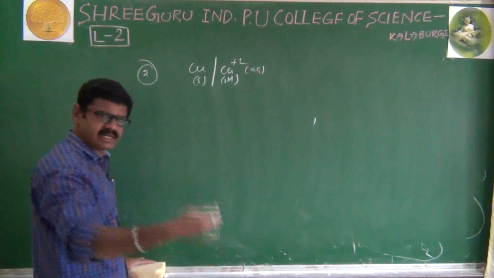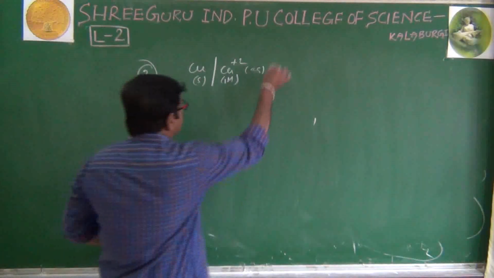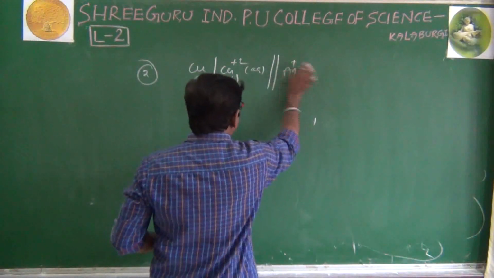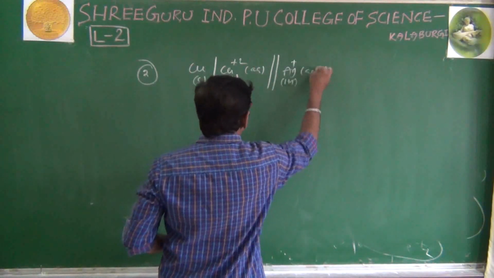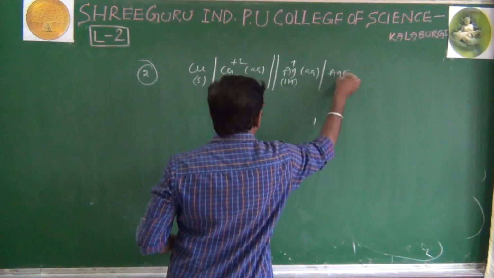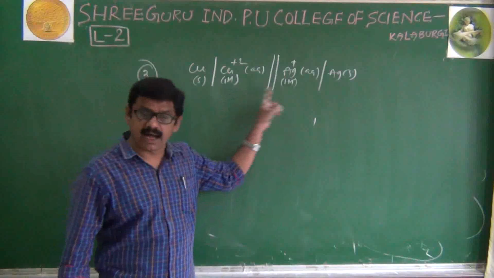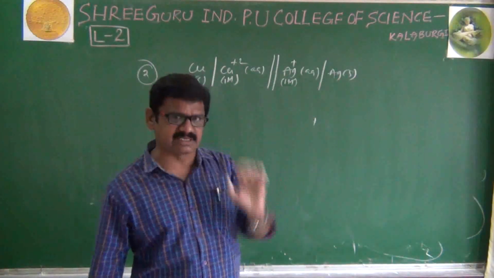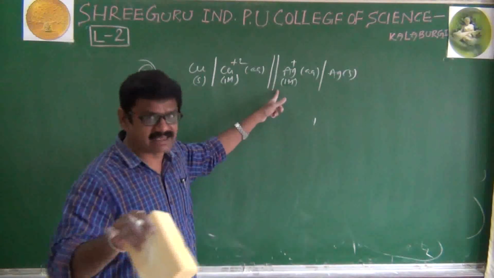Cu plus 2 is nothing but any copper related salt solution, CuSO4 of course, salt bridge, Ag plus, of course its concentration is also 1 molar, oblique silver. And here it is not called a Daniell cell. The very important point is it is of course an electrochemical cell. It is a galvanic cell, but it is not called a Daniell cell.